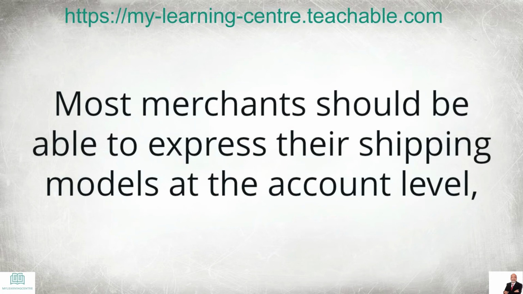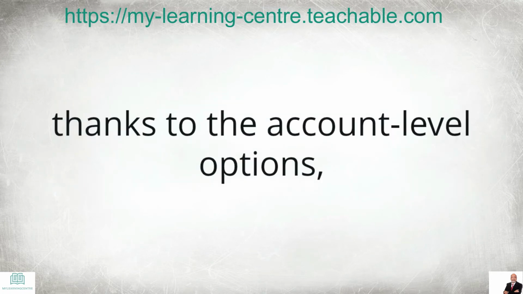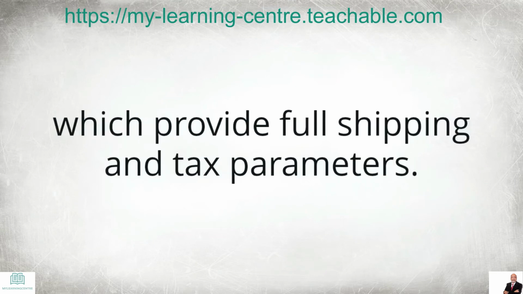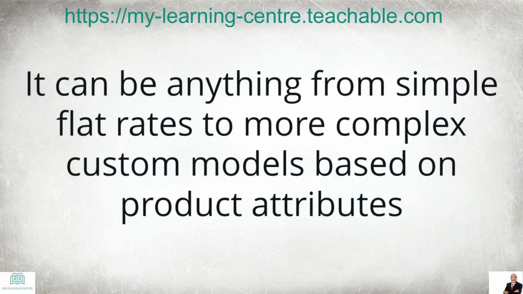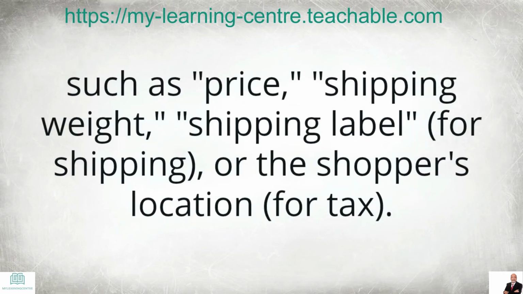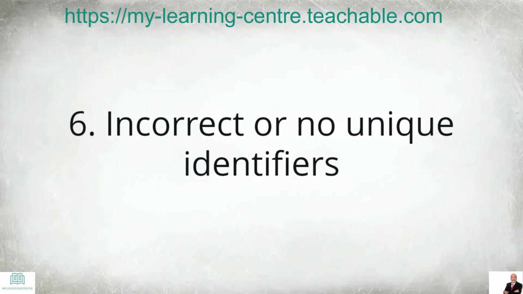Most merchants should be able to express their shipping models at the account level, thanks to the account level options, which provide full shipping and tax parameters. It can be anything from simple flat rates to more complex custom models based on product attributes, such as price, shipping weight, shipping label, for shipping, or the shopper's location, for tax.